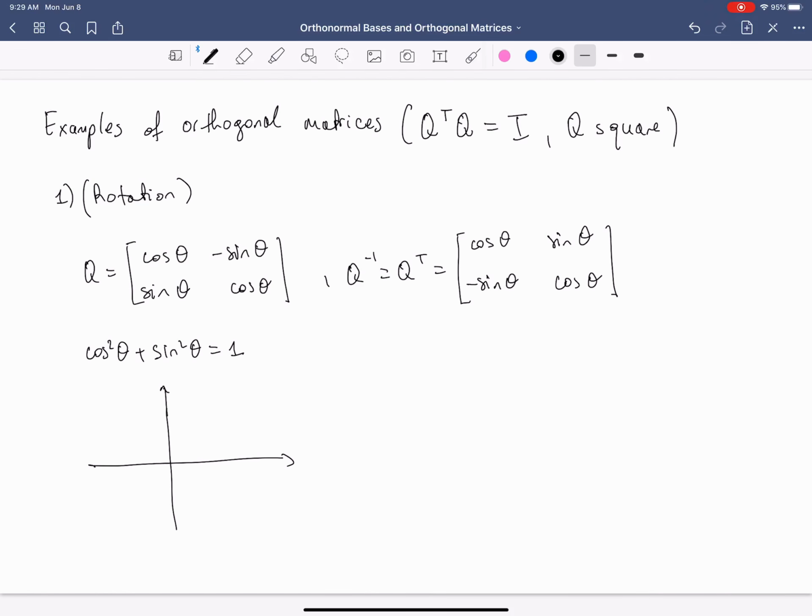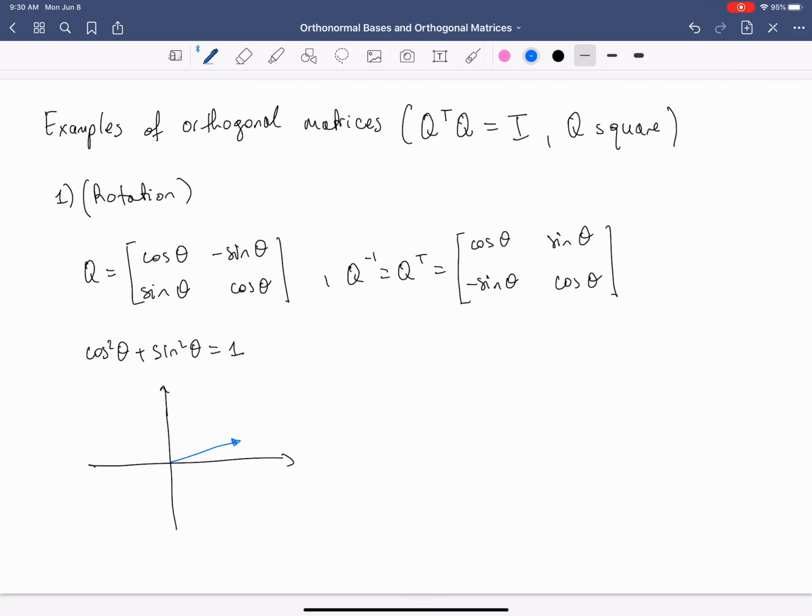This is typically what is used on your computer or tablet or phone, whatever, when you have a screen, on how things are rotated, or how the software would rotate an image, for example. So what this matrix does is, if you have a vector like that, it would rotate it by theta degrees in the counterclockwise direction.